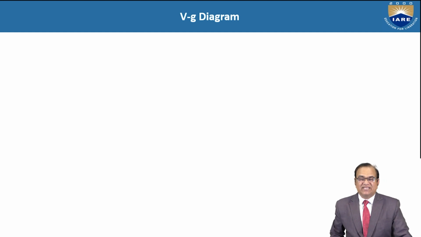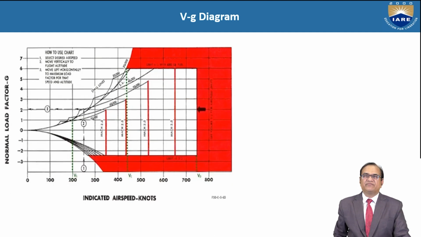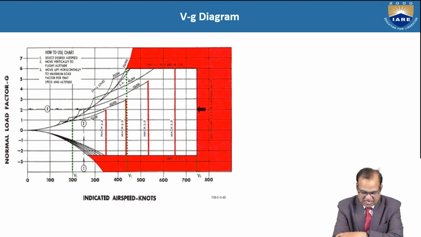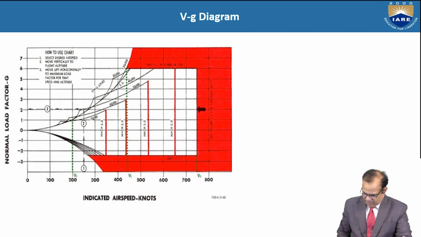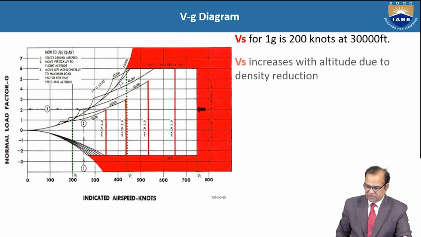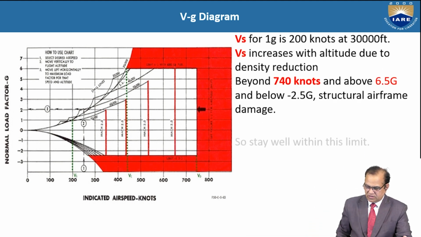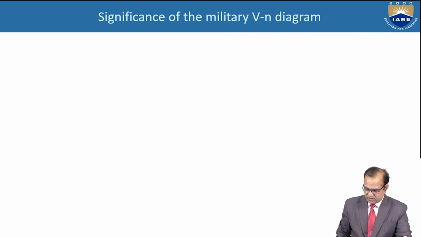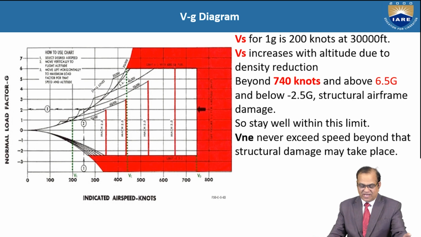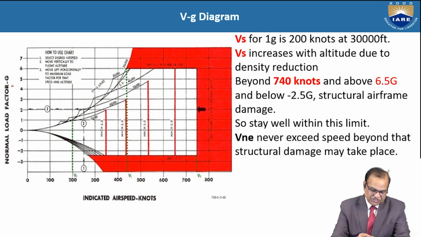Now I will discuss another diagram that is called the V-g diagram. Here g is the gravitational force and it is also equal to your V-n diagram only. So here you can see the normal load factor, it is in the g term, 0 is here.